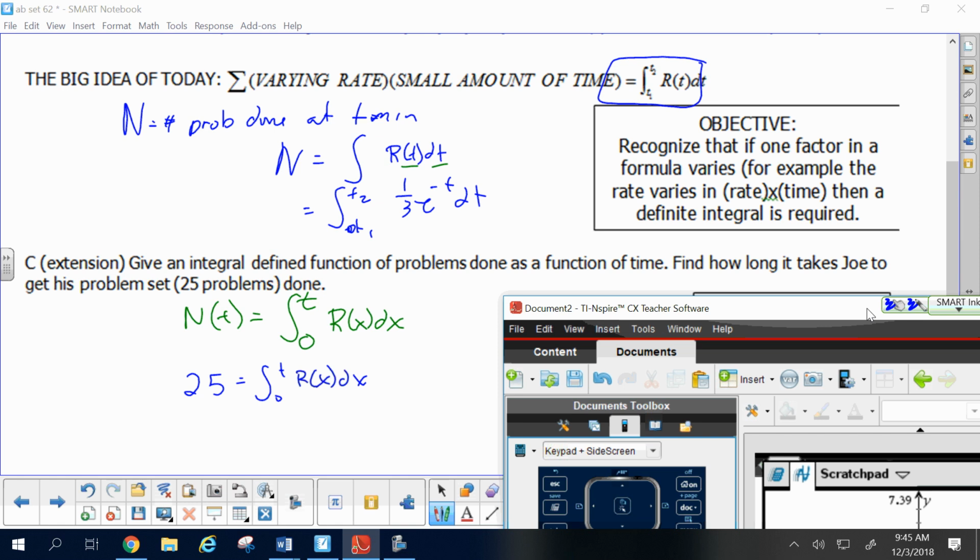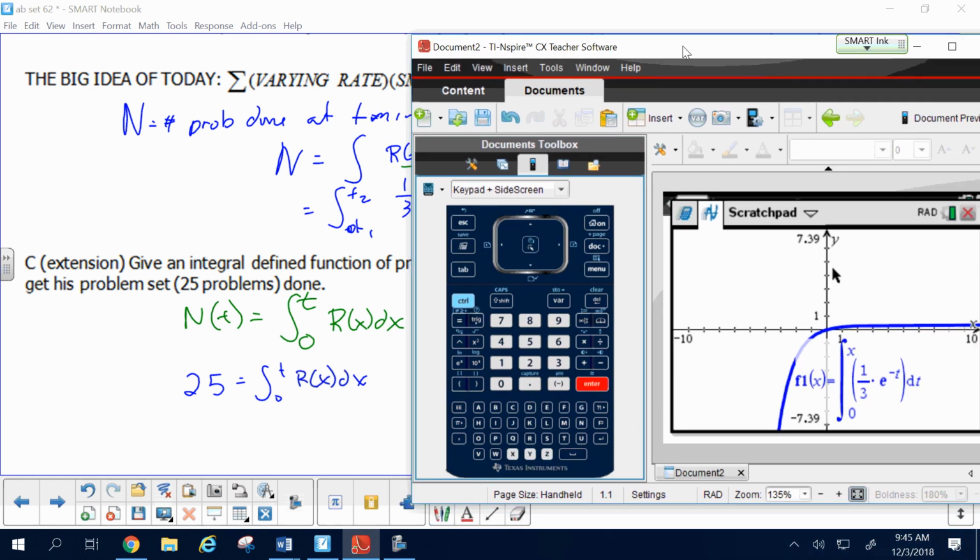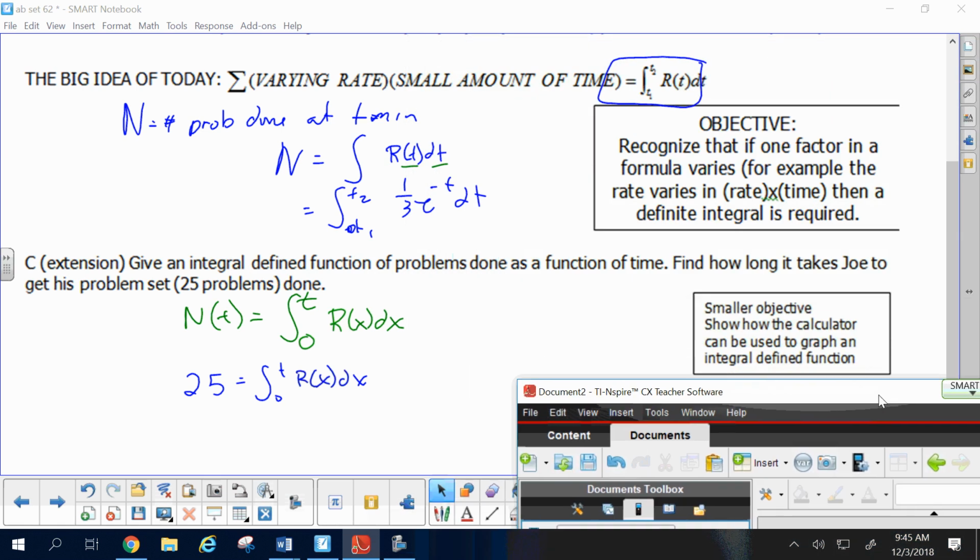It's exponential, e to the negative t. You'll see. It's going to take a long time to get. Right now, you're at 10 minutes, and you still haven't even done one problem, okay? So exponential, I should have helped you a little.